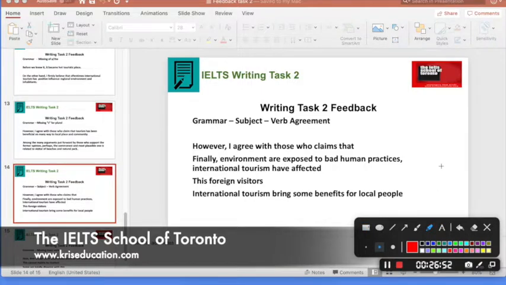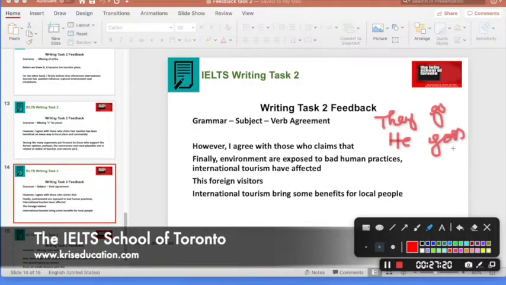Subject-verb agreement is another area where you need to focus a bit more. If the subject is plural, if the subject is they, you need to say they go. They is plural, go is a plural verb. If the subject is singular, if the subject is he or it or she, the verb needs to be singular too.